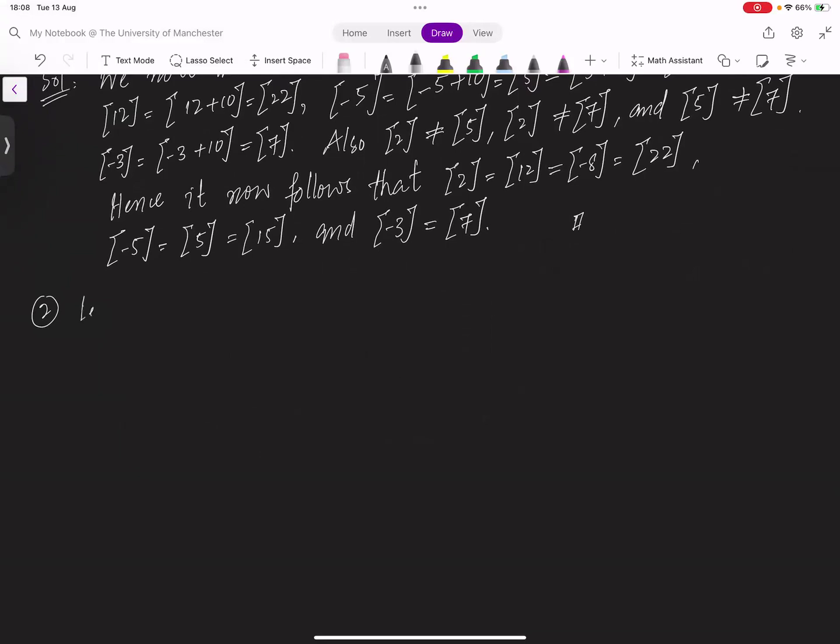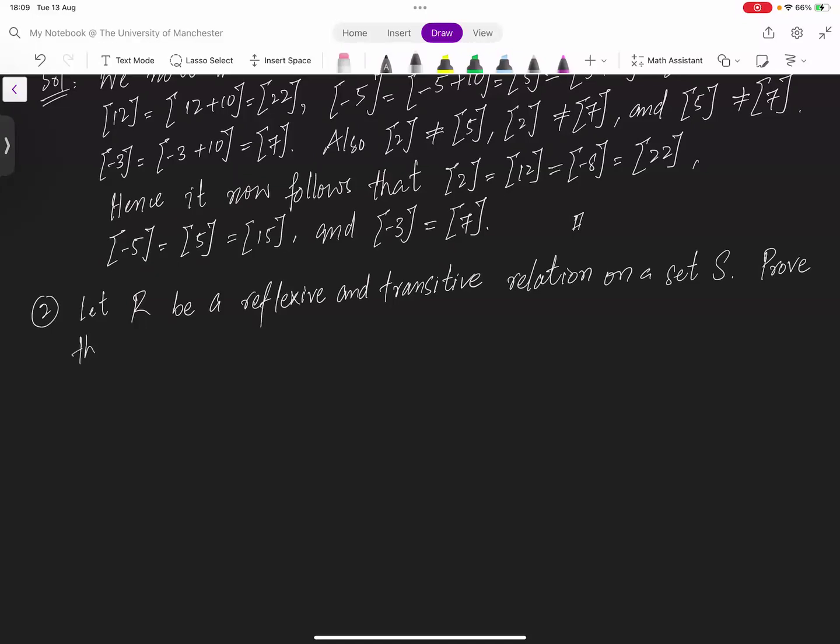So let R be a reflexive and transitive relation on a set S. We need to prove that R in intersection with its inverse is an equivalence relation.